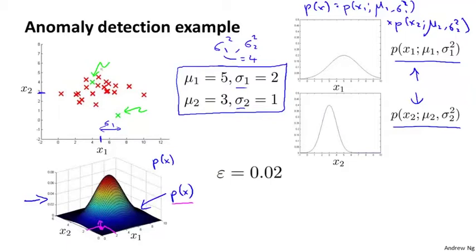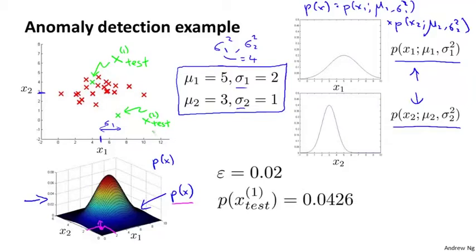But let's take this first example. Let me call this example x1 test, and the second example x2 test. What we do is we compute p of x1 test. We use this formula to compute it, and this looks like a pretty large value.